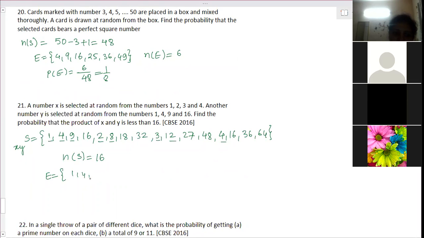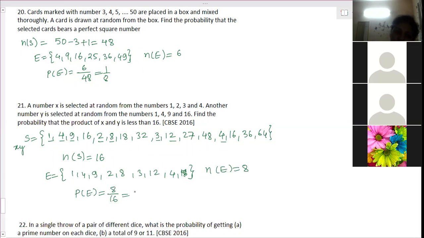Sorry, 16 is not there. So the total number of favorable outcomes is 8. Therefore the probability will be 8 by 16.